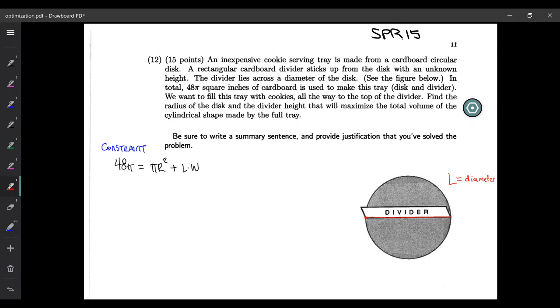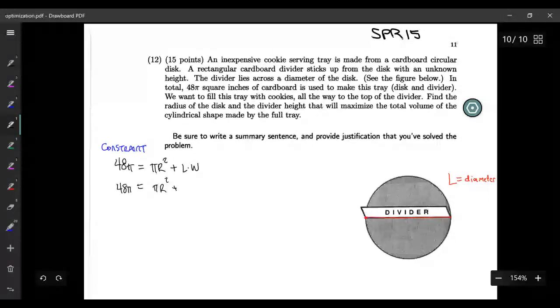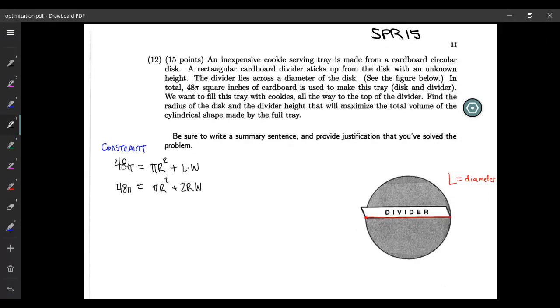So in this case, I can use that the length is equal to 2r. So that gets rid of one variable. Well, sorry, we're not getting rid of variables here. We get rid of variables on the optimized. So now let's check out what the optimized is.